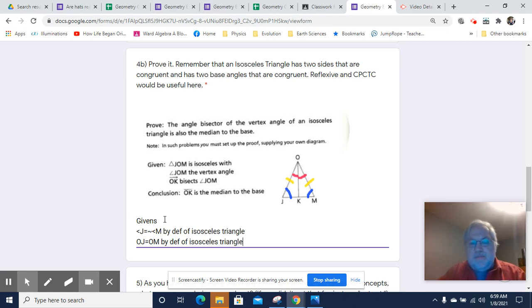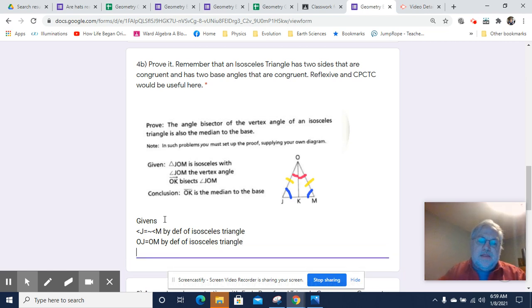Now, you could make a case that those are givens, but I think it's important to explicitly state that. So we've been given JOM as the vertex angle, which is why we're treating JM as the base. Now we have some information about this triangle and this triangle.